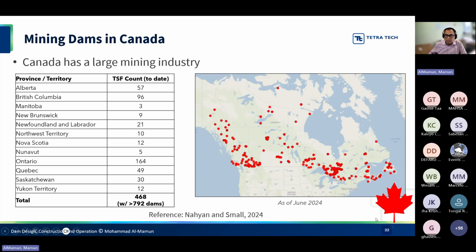You can see he geolocated them. There's quite a bit of concentration in British Columbia, some in Alberta, Saskatchewan, and Ontario, and some in northern Canada. So around 800 dams. My hunch is that there might be more because they're not always reported. So it's a pretty significant number as well.